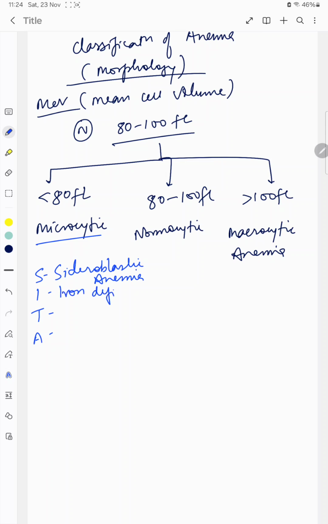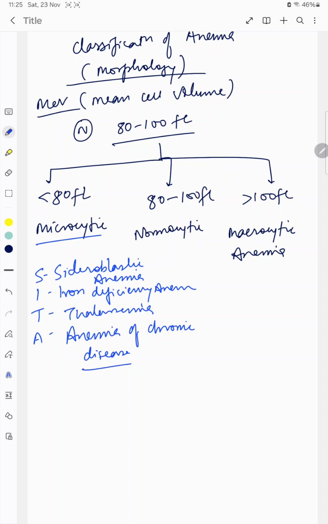Iron deficiency anemia, thalassemia, anemia of chronic disease. In anemia of chronic disease, there can be microcytic picture, normocytic or macrocytic. All three picture can be seen in anemia of chronic disease.